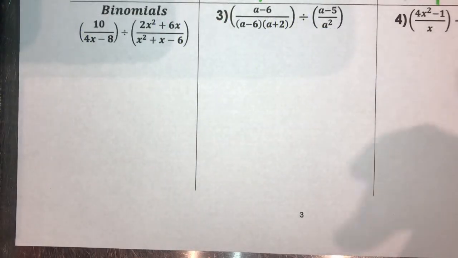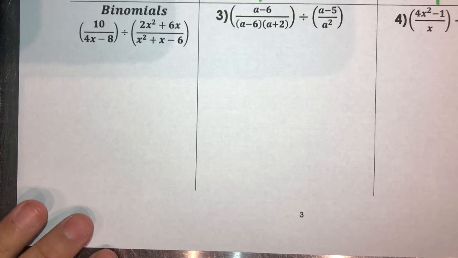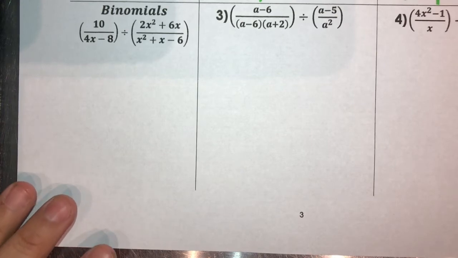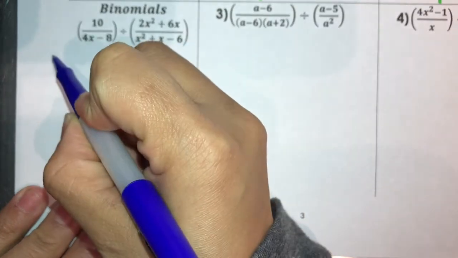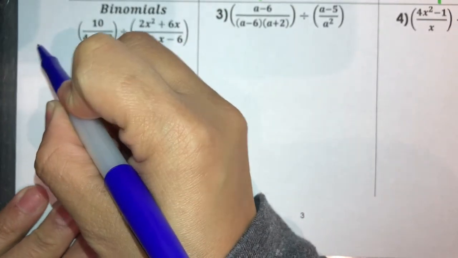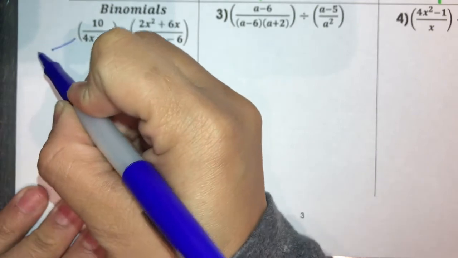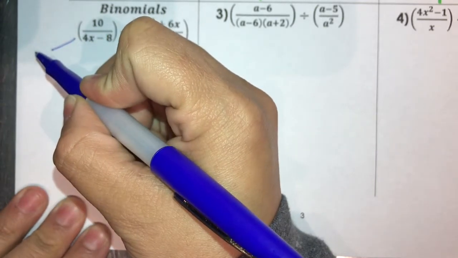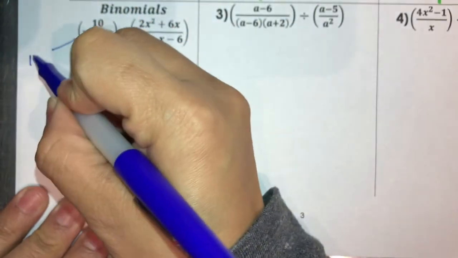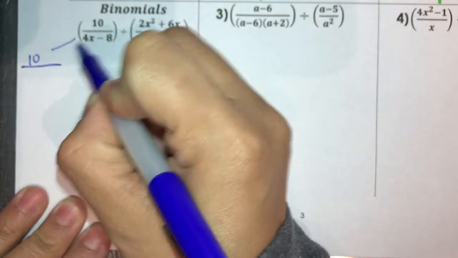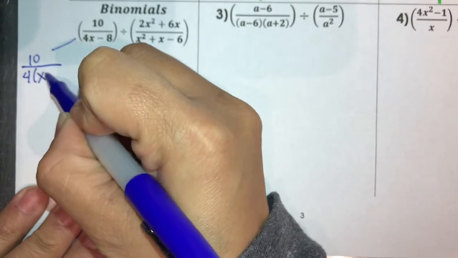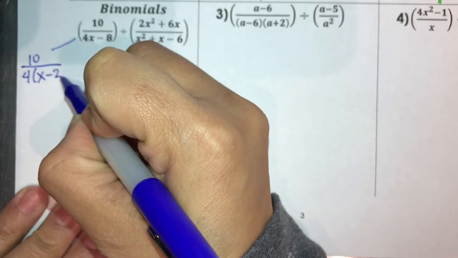Now we're going to look at binomials. It's the same thing: factor out everything and then multiply by the reciprocal of the second fraction. In this first one, the numerator 10 is fine. The denominator I factor as 4 times x minus 2.